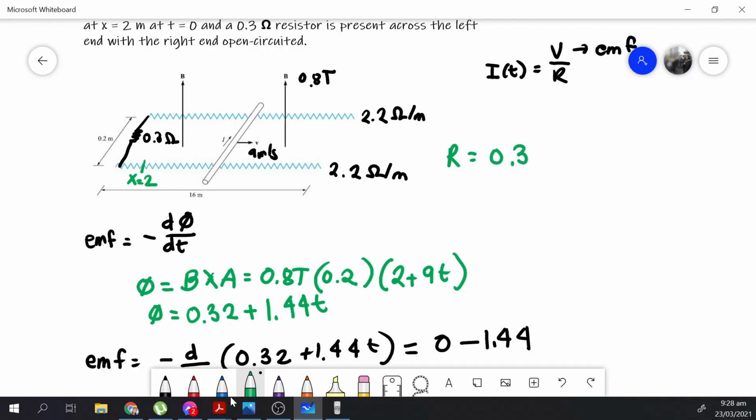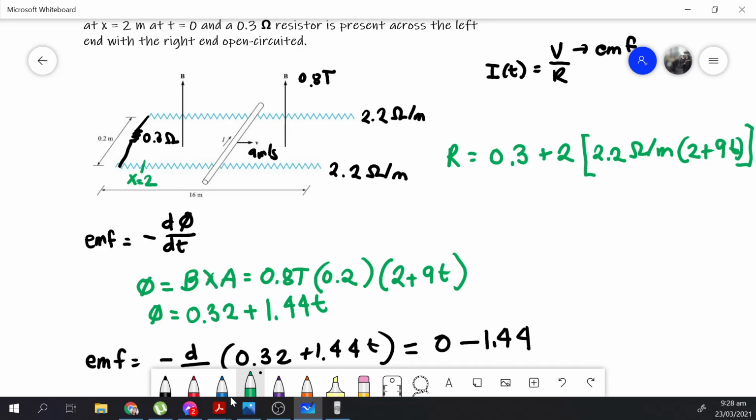And since this is simply in series, we have plus 2, because you have 2 rails, multiplied by the resistance per unit length, 2.2 ohms per meter, and the length is changing with respect to time by this factor, which is 2 plus 9t.